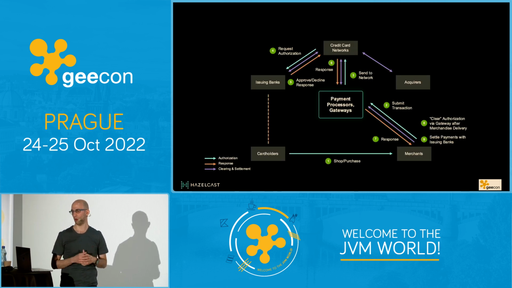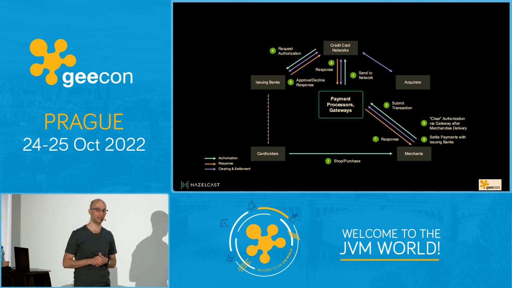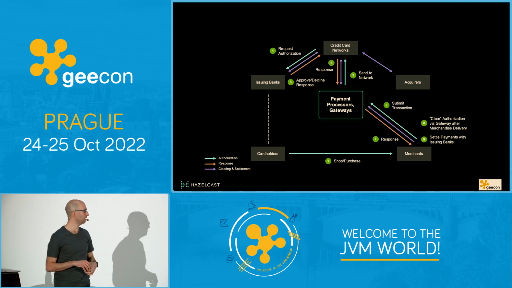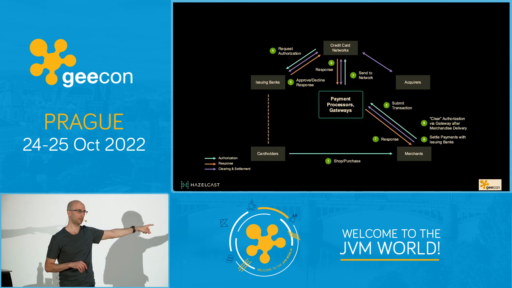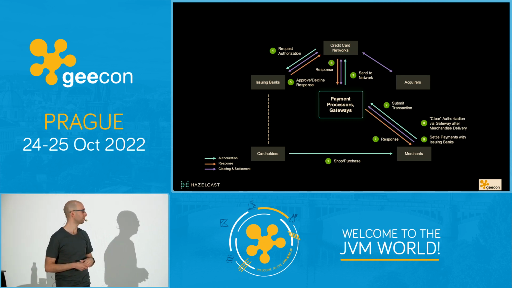So if we also want to dive in and look at the solution, it might be easier just to look at the coloring here. You have the viridian color, which is the authorization, for example. You have the response in orange, and you have the purple, which is the clearing.